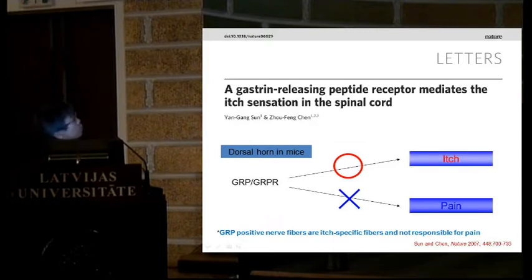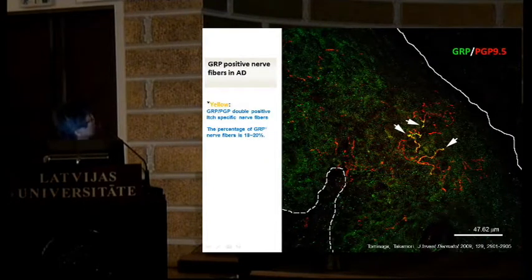Sun and Chen reported that gastrin-releasing peptide receptor mediates the itch sensation in the spinal cord. GRP positive nerve fibers are specific to the itch sensation, not responsible for pain. This slide shows the GRP positive nerve fibers in the epidermis. Yellow shows the GRP positive nerve fibers. These are itch specific fibers.